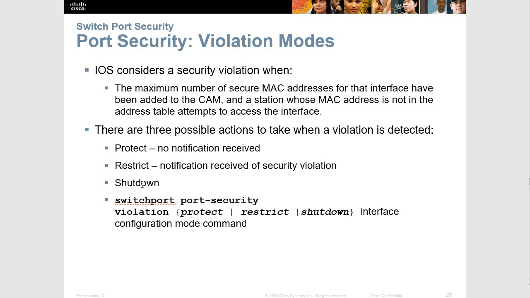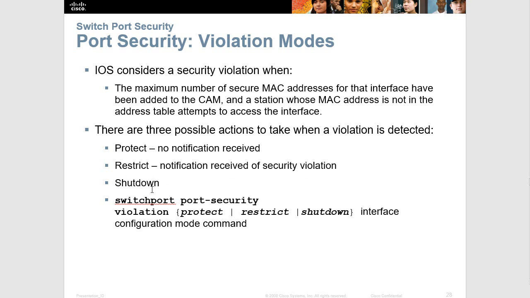So no communication is going to go on through that port. It's called an error-disabled state that you'll have to deal with later on. If you leave the default port security settings, you're going to get this shutdown anytime a MAC address above the allowed number tries to access the switch.